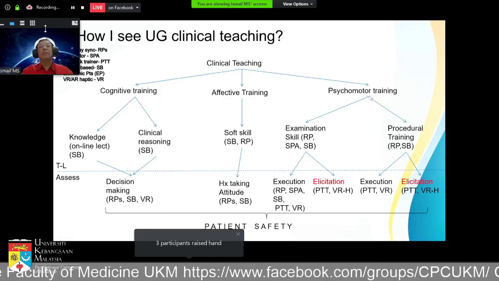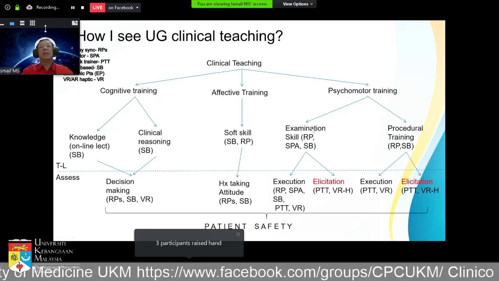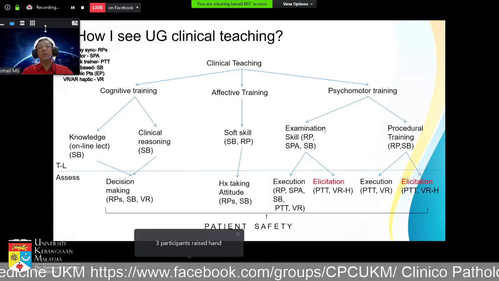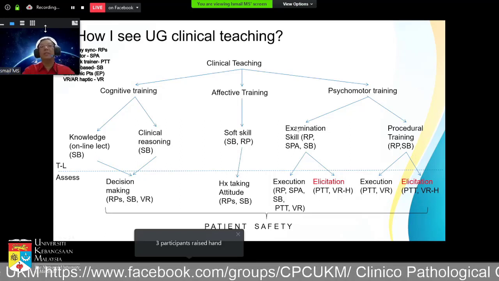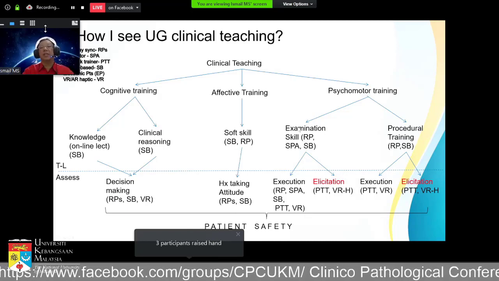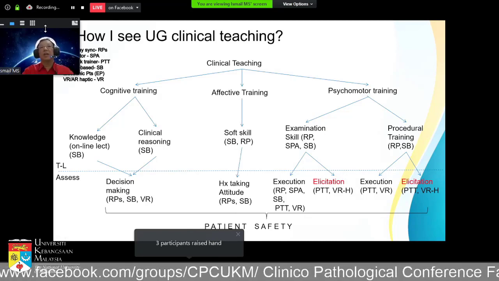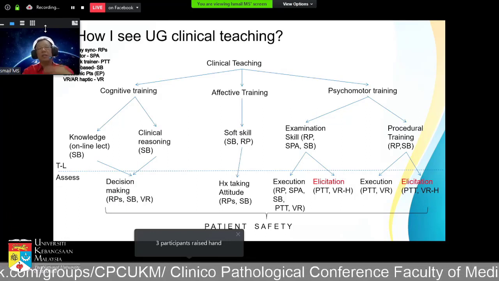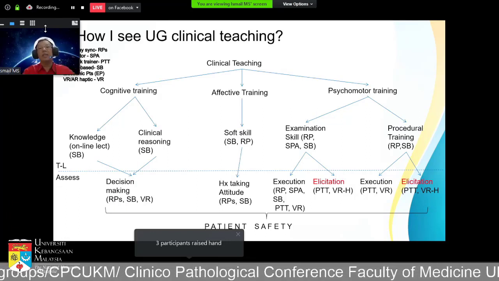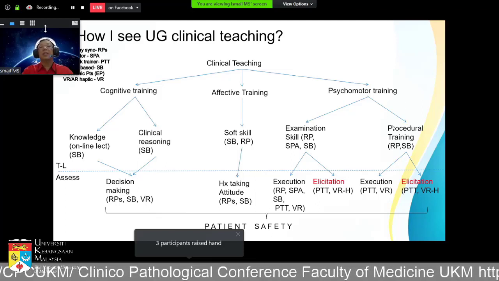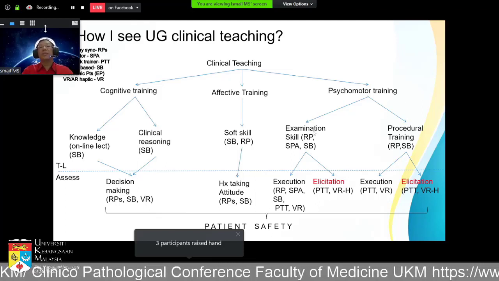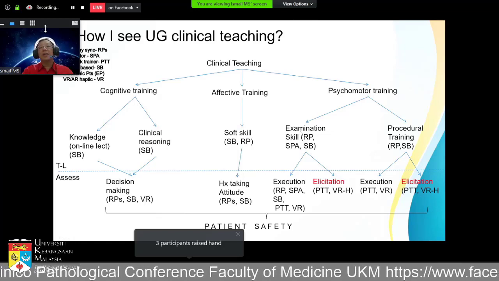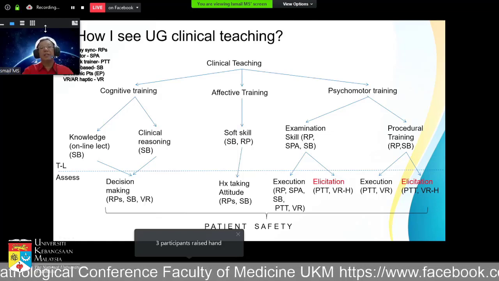For psychomotor training, I divide it into two. One is how to teach them to do examination. When I say examination, I am referring to physical examination, examination of the lung, the heart, the abdomen, the neck, and also the CNS or musculoskeletal, and also the procedural. For examination, I divide it into two.